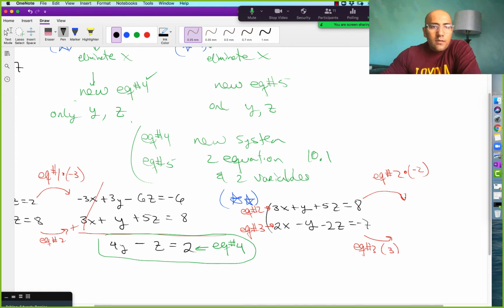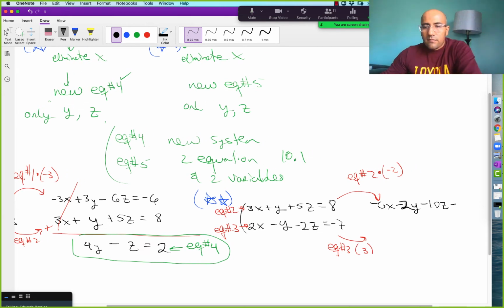So I'll end up with negative 6x minus 2y minus 10z equals minus 16. Good. And then this one will be 6x minus 3y minus 6z equals negative 21.